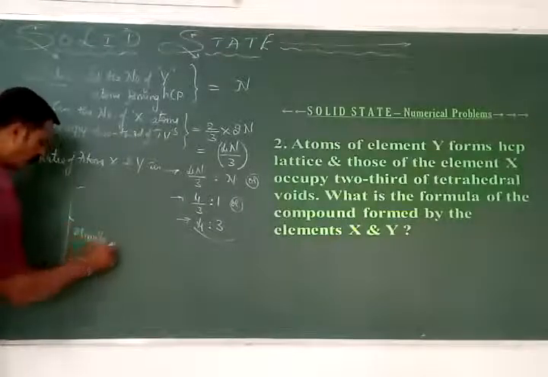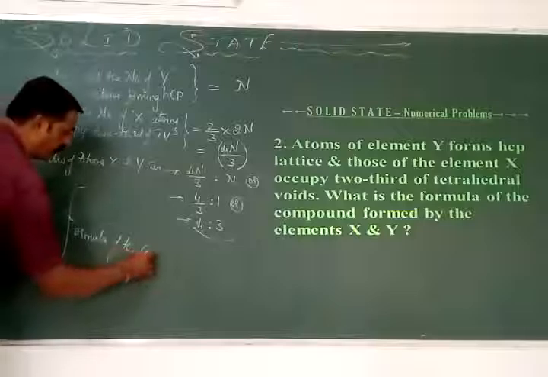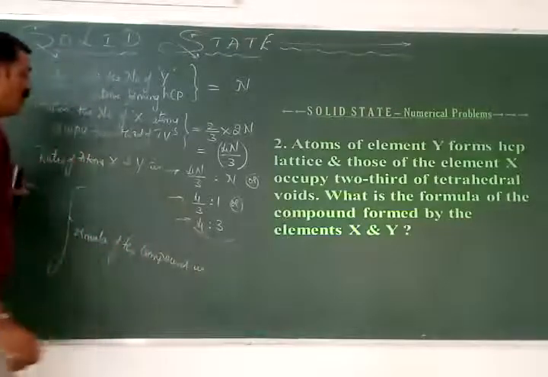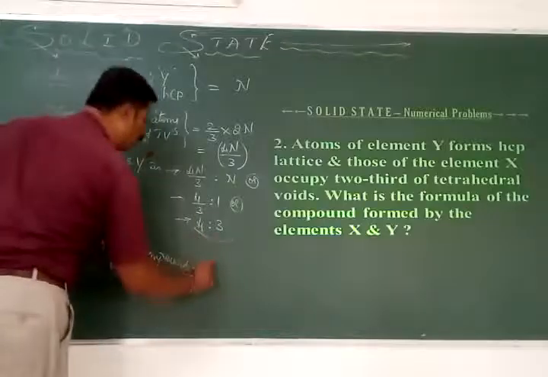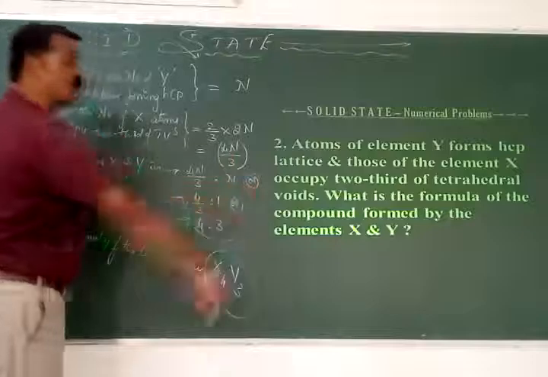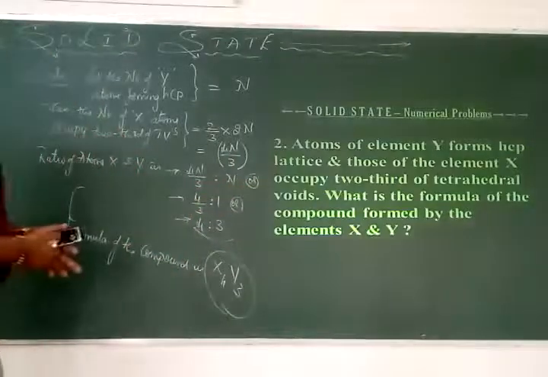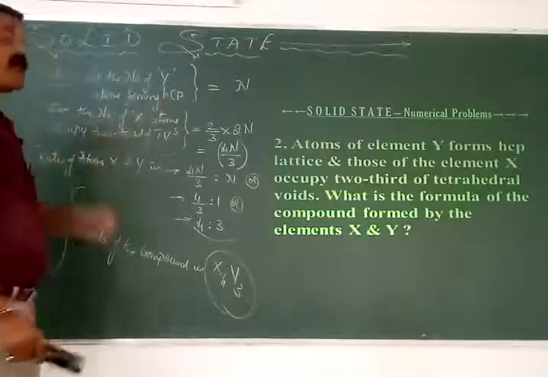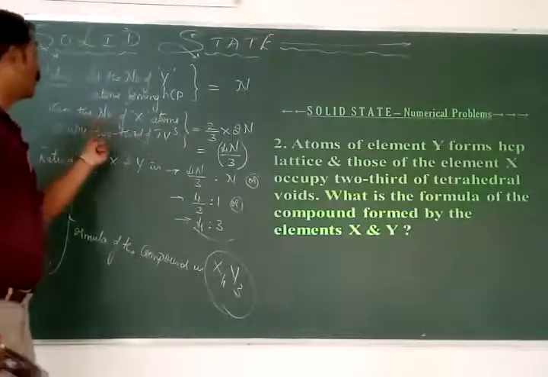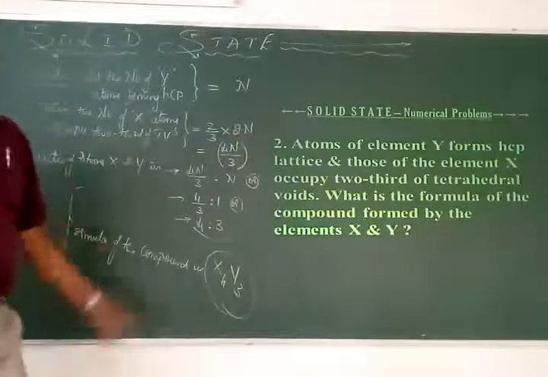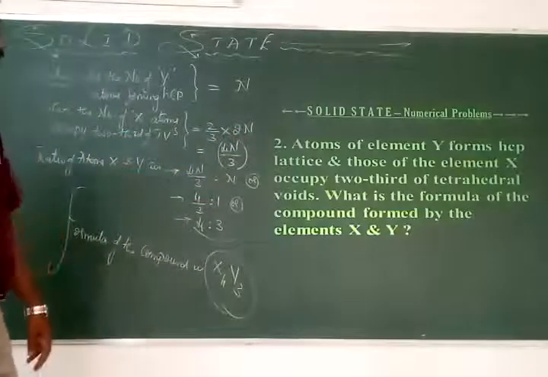Therefore, the formula of the compound is X is 4, Y is 3, so it is X4Y3. This is the formula where the Y atoms form the HCP, whereas the X atoms occupy only 2/3 of the tetrahedral voids, which means 2N, and on simplification we get 4N by 3.